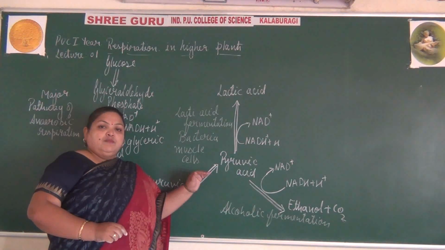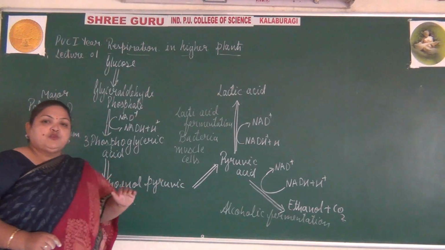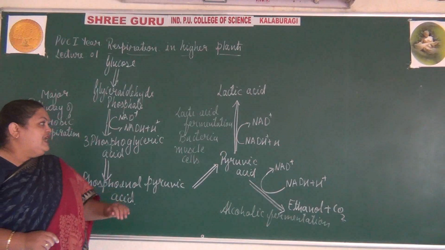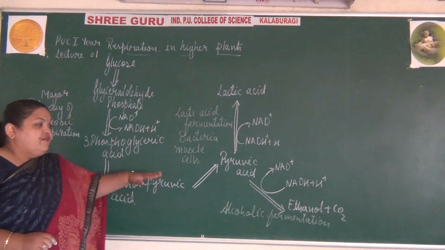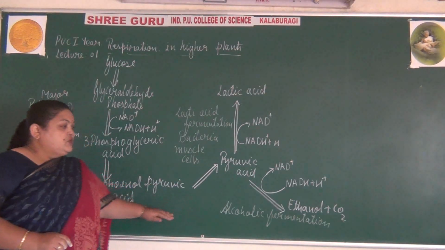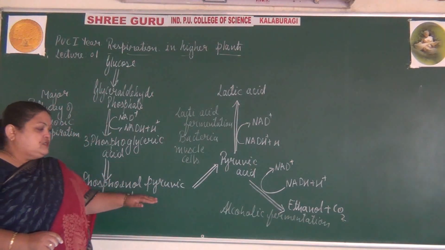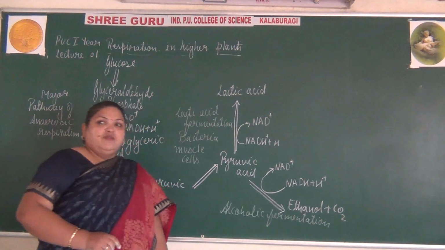And the major pathways. So in both aerobic and anaerobic, the first common process is glycolysis. When that glycolysis is followed by the anaerobic process, those are alcohol fermentation and lactic acid fermentation.